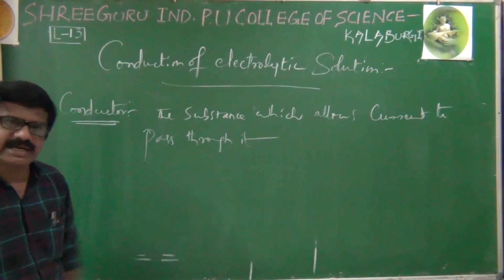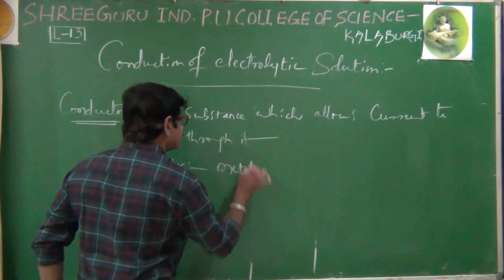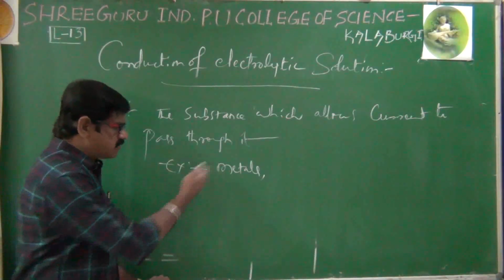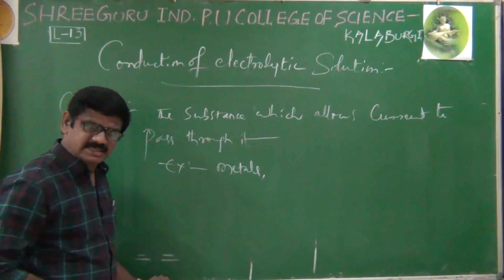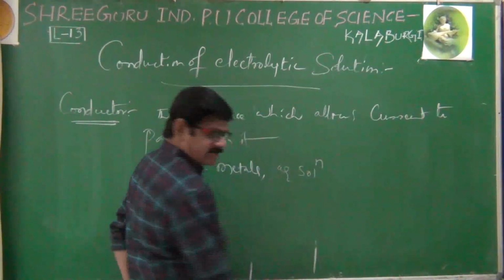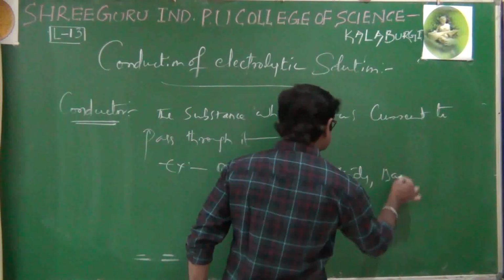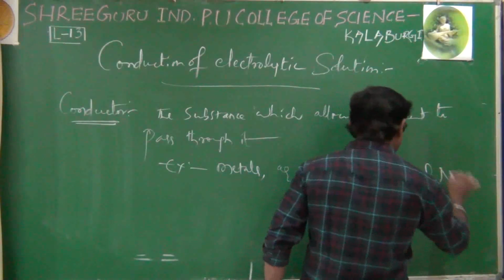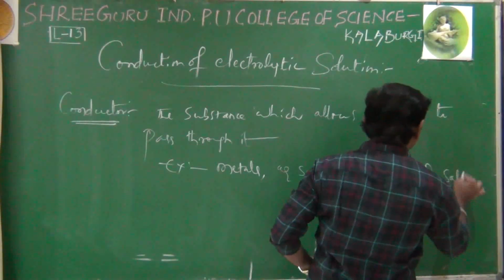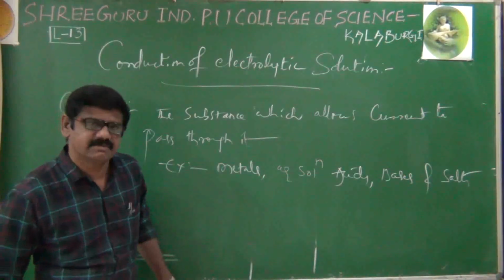Now, examples of conductors are metals like copper, silver, aluminum, etc. Not only metals, some solutions also, like aqueous solutions of acids, bases, and salts like NaCl, KCl. Salts are examples of conductors.